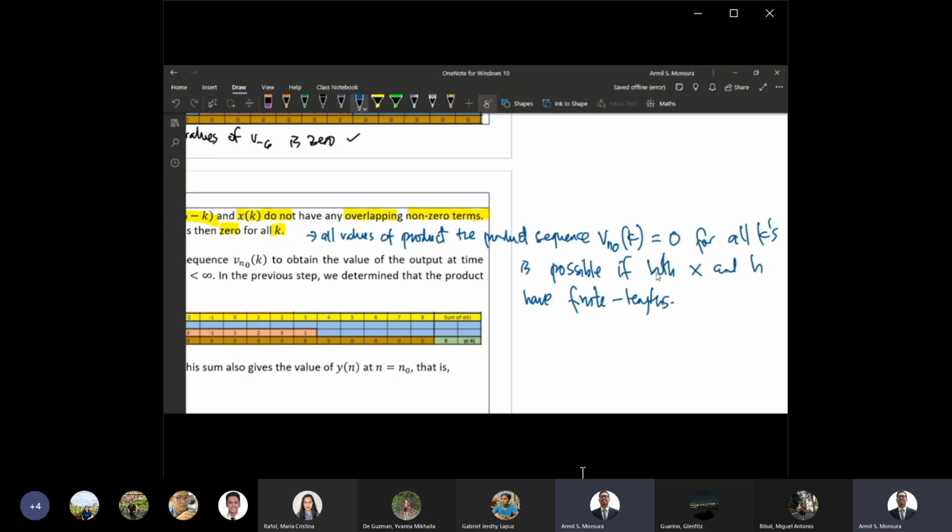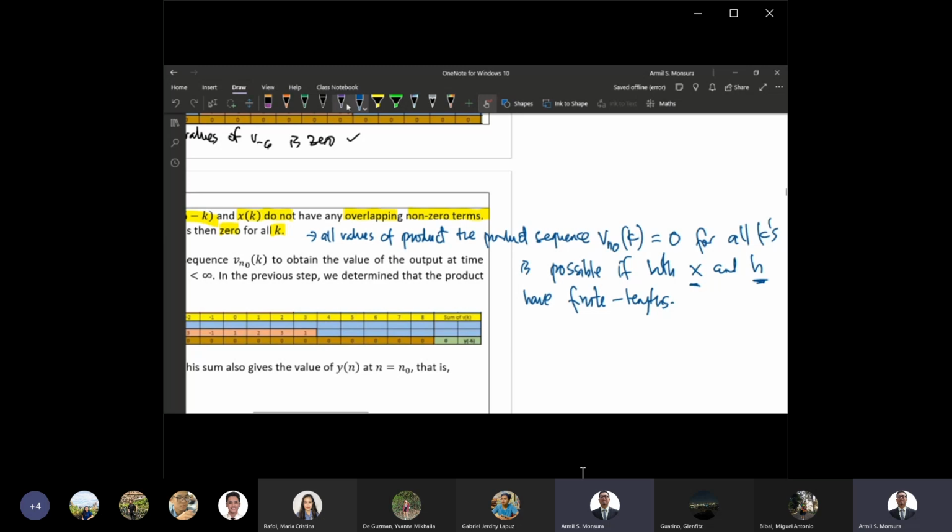Ibig sabihin, kapag ang x ninyo at saka ang h ninyo are both finite duration signals, yung possibility that this product sequence will become 0 for all k is likely to happen. Okay, mangyayari at mangyayari yan.